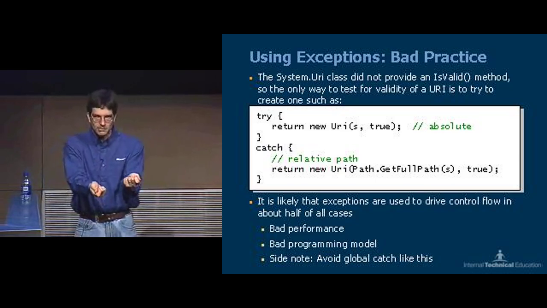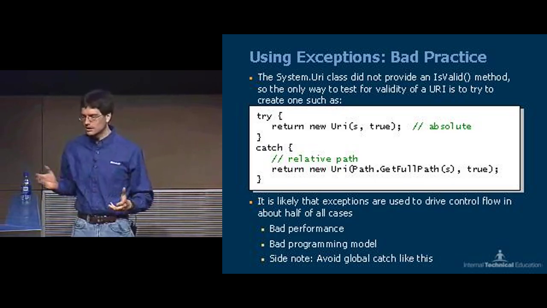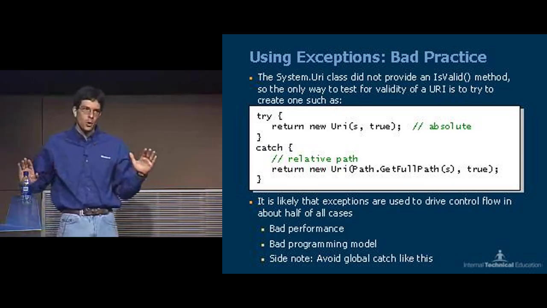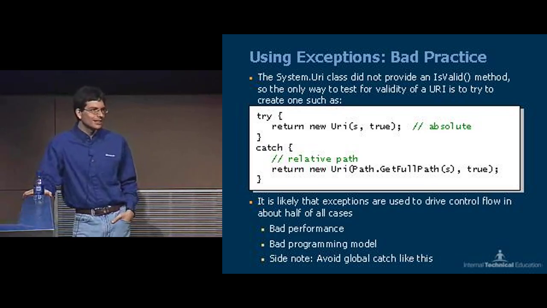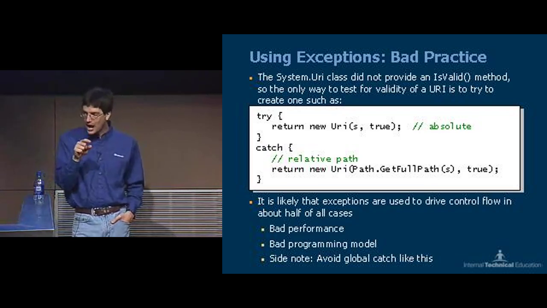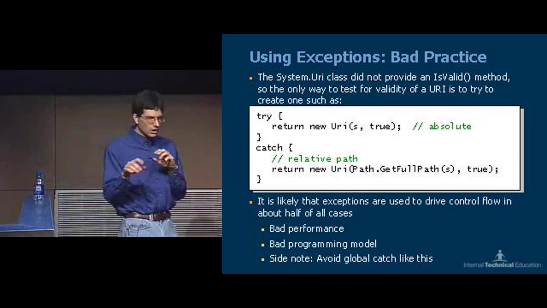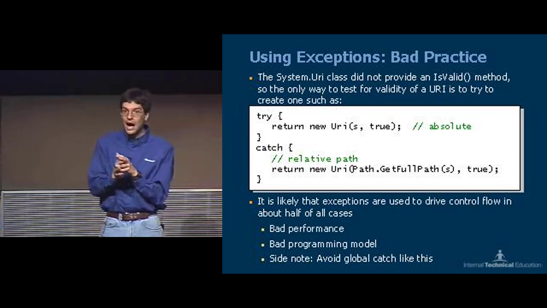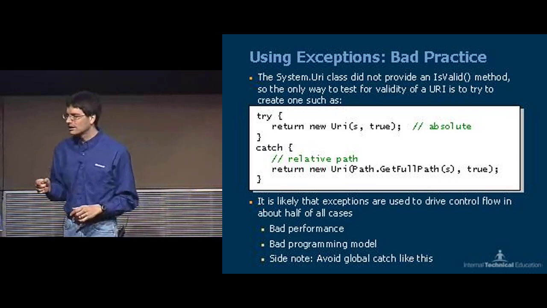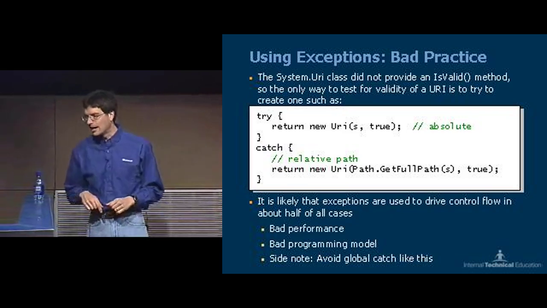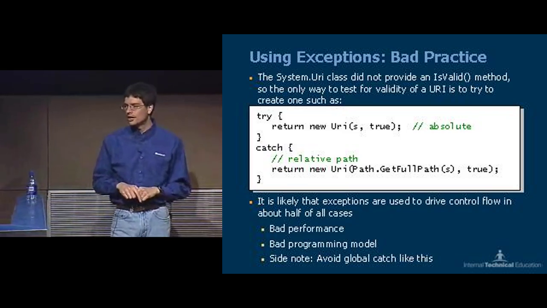You often want to have a text box and users type something in and you want to validate just is it the right format of a URI? And I saw lots of code that looks something like this. You have to do try and then return new Uri, blah, blah, blah, kind of optimistically, maybe the user typed it in right, and then catch some exception and return the URI.